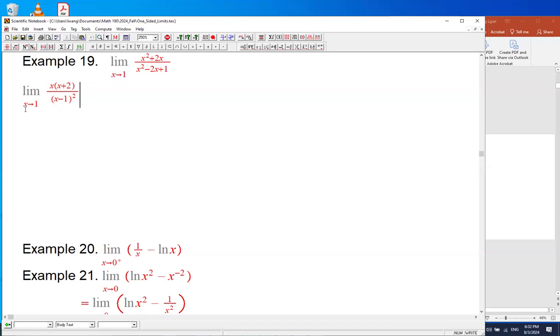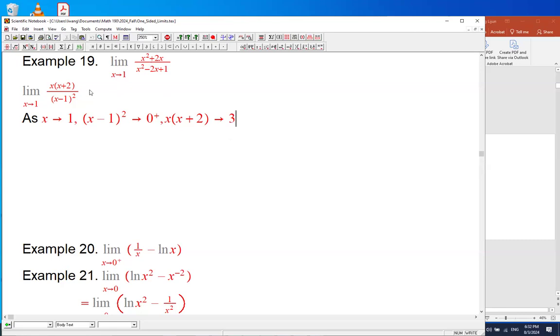So you can see, as x approaches 1, x minus 1 squared is going to approach 0, larger than 0 because it is squared. The top is approaching a finite number, 1 times 3, that's 3.